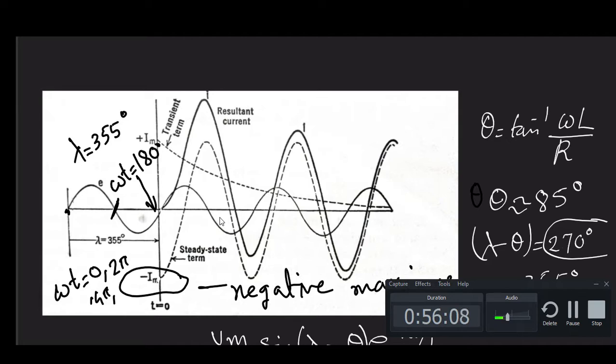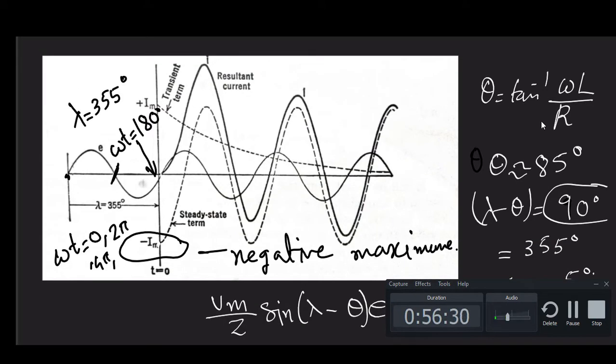Your lambda minus theta is, if you want, still 90 degree if you want. Then it is like you are switching lambda minus theta. So lambda is equal to, say, if we take 175 degree, what would happen?